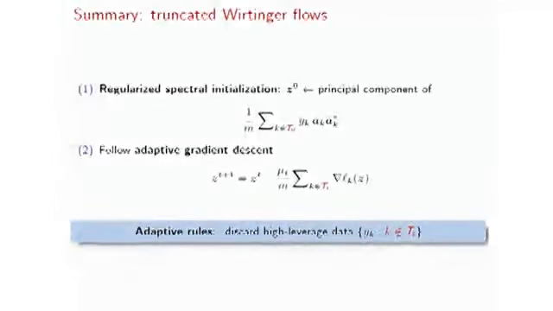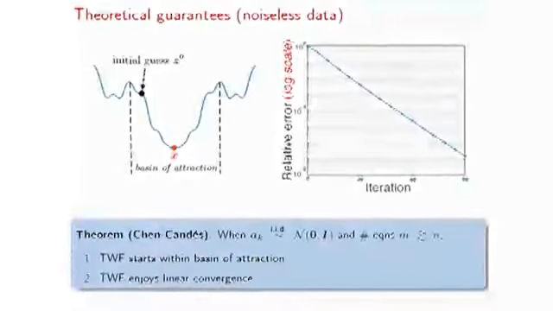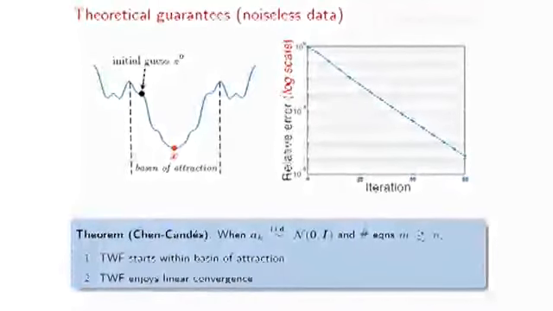More precisely, we can rigorously prove that if the system has random features, the algorithm will start within the right basin of attraction, and after that, it converges geometrically fast to the ground truth solution. And all of this happens with minimal sample complexity.